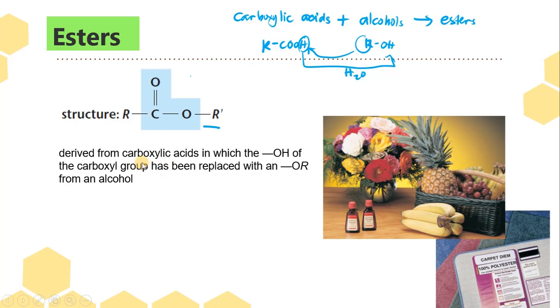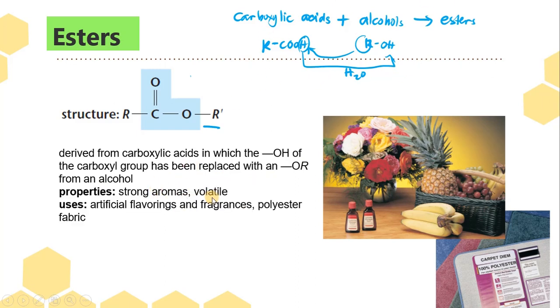These are derived from carboxylic acids, in which the OH of the carboxyl group has been replaced with an OR from an alcohol, like I mentioned in the reaction. Properties: strong aromas, volatile. Esters are used as artificial flavorings and fragrances.